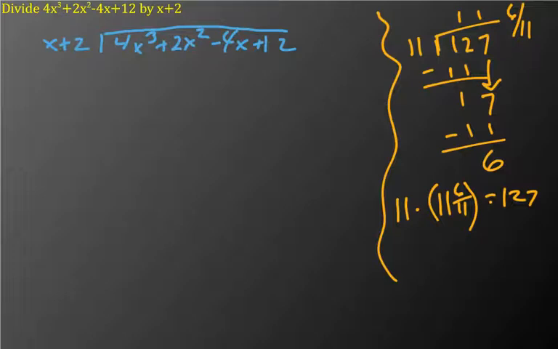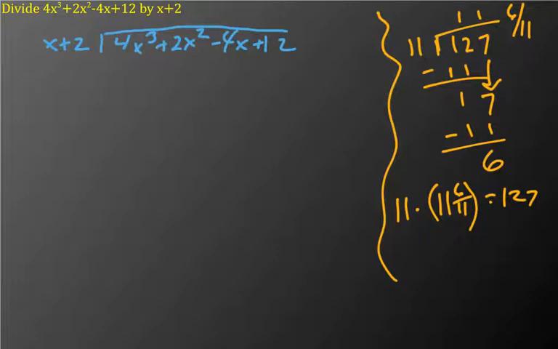Same kind of idea. I look to the left. I'm going to look at just the x, and just the 4x cubed, and think, how many times can x go into 4x cubed? You can make it perfectly get there if you put 4x squared on top.